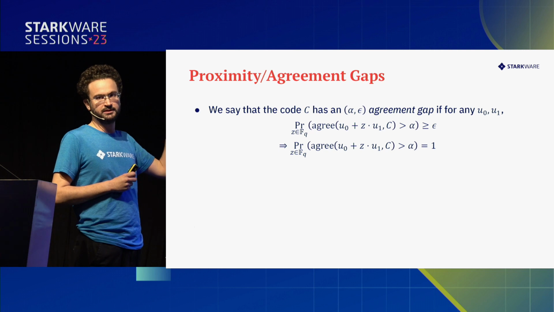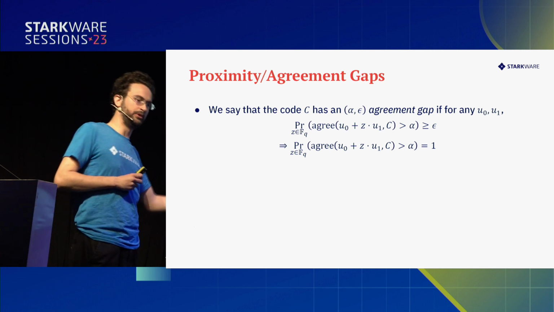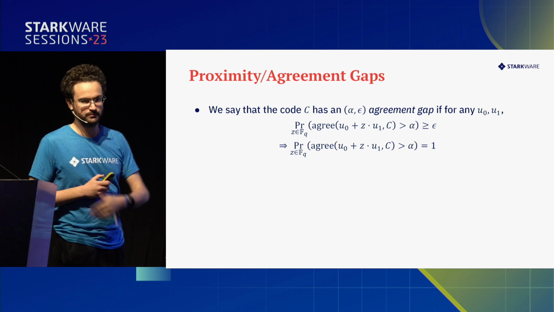It can't be that this probability is 1/2. It is either very, very small, smaller than epsilon, or it's just 1. It's true for every Z.